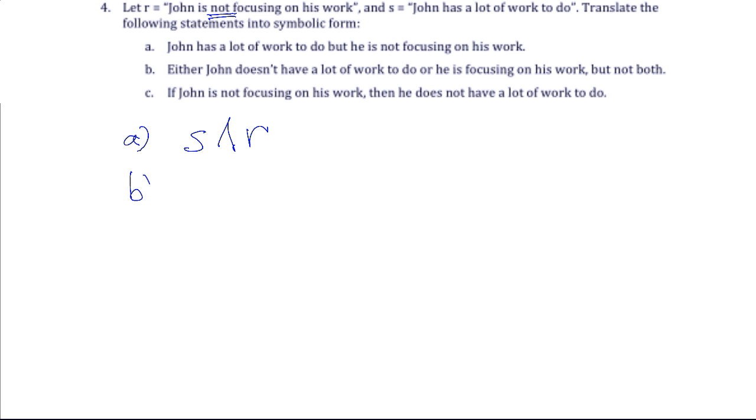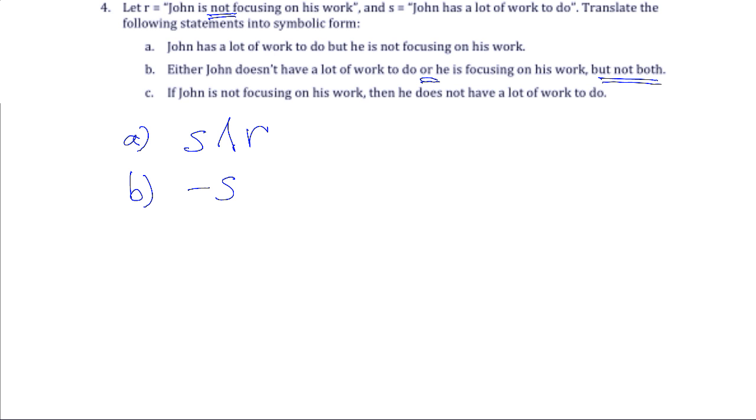For part B, either John doesn't have a lot of work to do, which is a not S, or he is focusing on his work, but not both. If he is focusing on his work, that means it's a not R. And this is an or with a but not both.